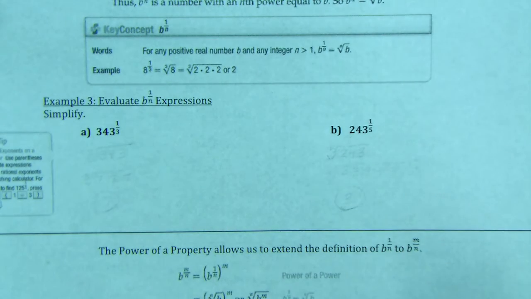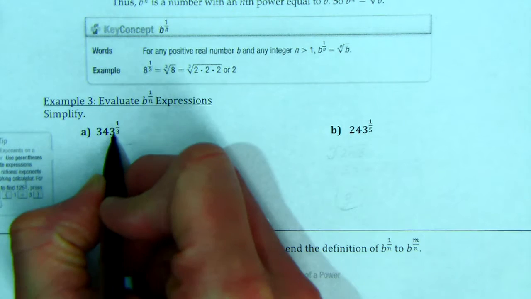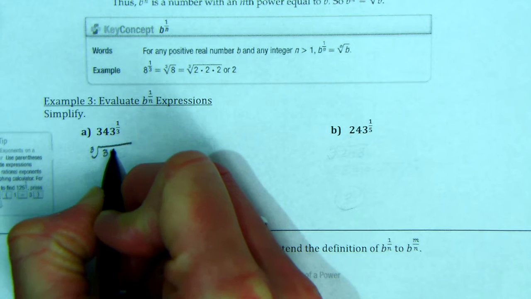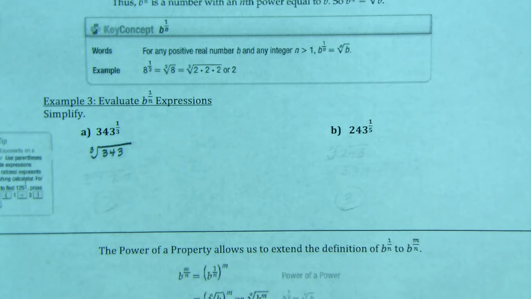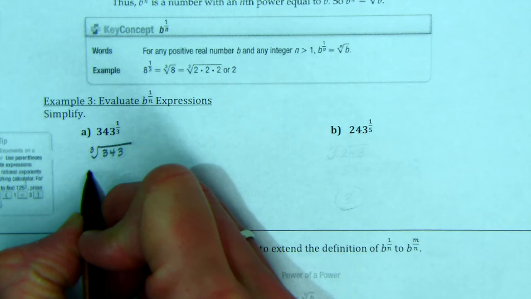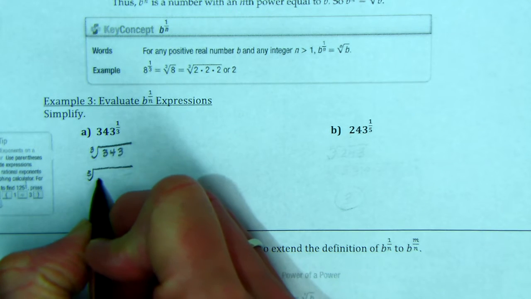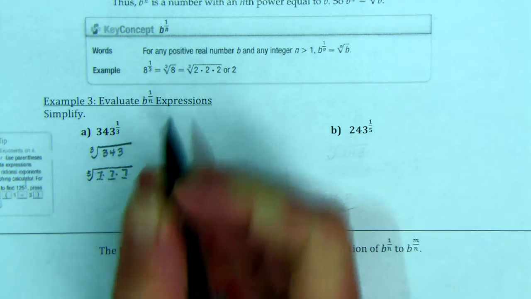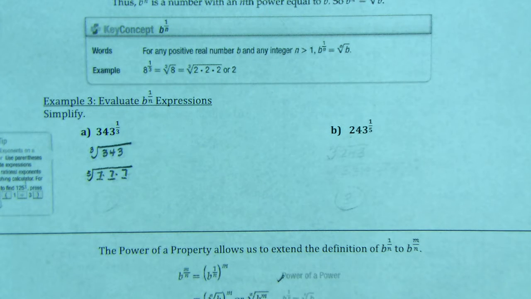So in example A, 343 to the 1/3 power is really just the third root of 343, and I'm not sure you can identify that, but there is a number that goes in there perfectly 3 times, and it is 7. And some of you are going to just know that, and some of you are just going to have to plug and chug and make guesses. All right, so that would be 7.